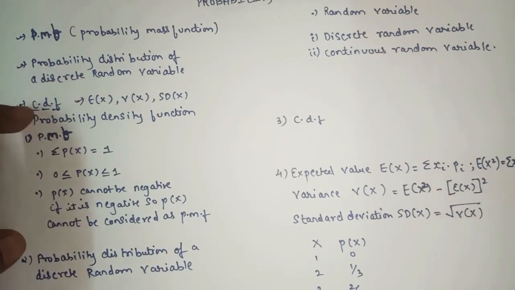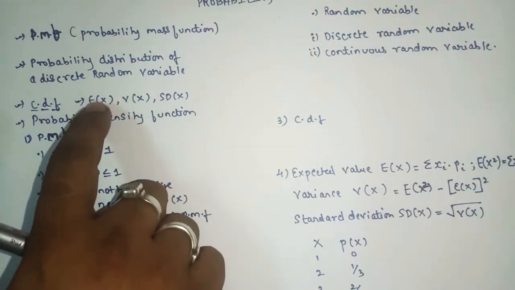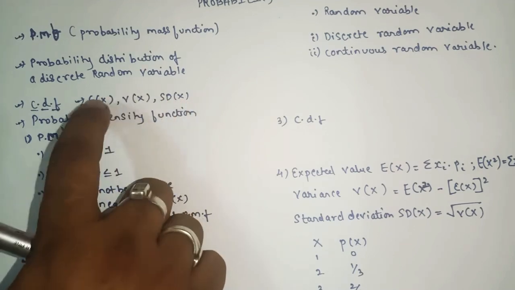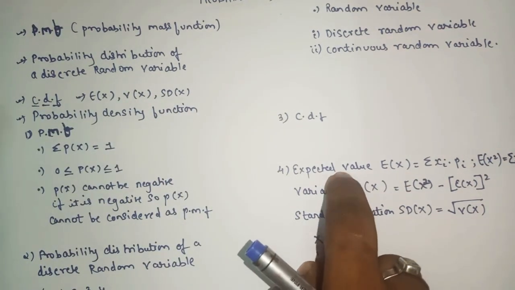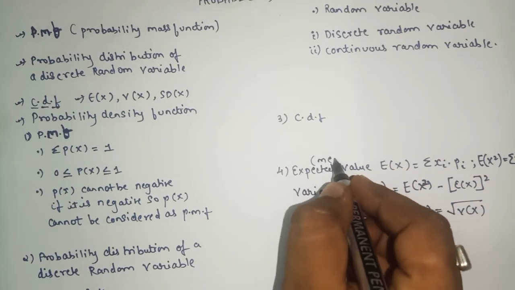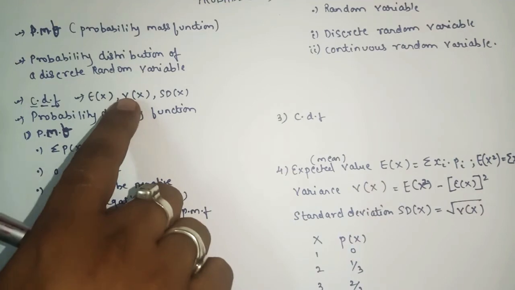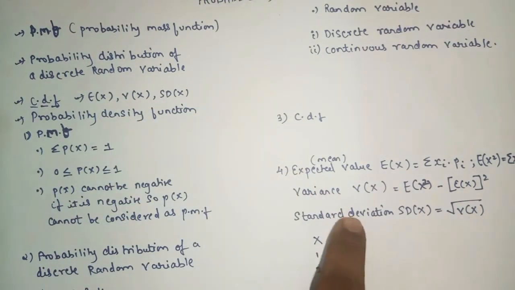Again it is small letter cdf. The next one is E of x, V of x, and SDX. E of x is known as expected value, or else we can say it is also known as mean. V of x is known as variance, and SD stands for standard deviation.